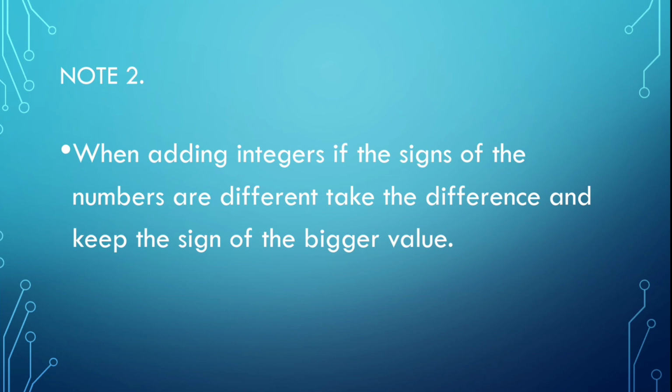In the previous case, 5 was the bigger value, and in the first instance it had a positive, so the answer was +3. In the second instance, -5 was there, so the value of -5 is still 5, but it was negative, so after you do the subtraction, the result was -3.